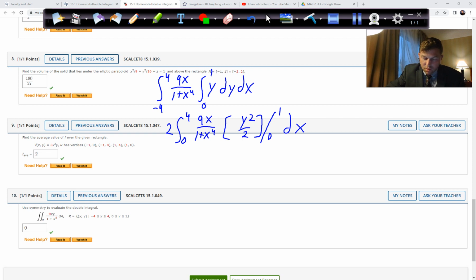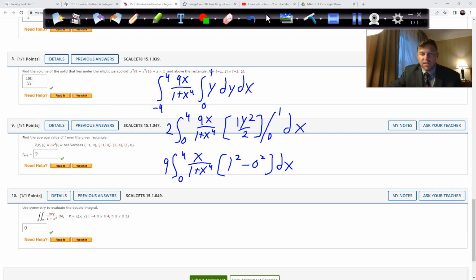But this 1 over 2 and this 2 will cancel, so I'm going to pull the 9 out front, 0 to 4, x over 1 plus x^4 of y squared, which would be 1 squared minus 0 squared once we plug in the limits, dx.